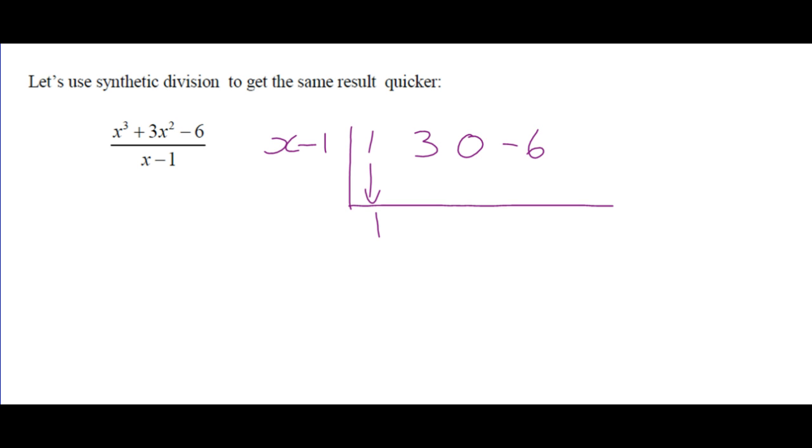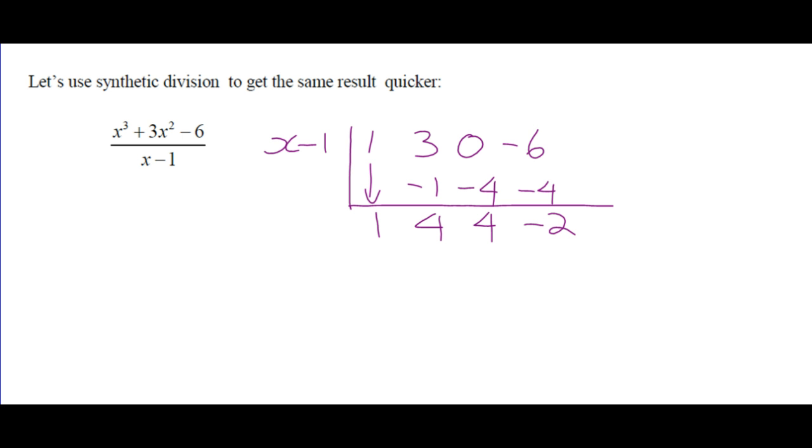And now, you go negative 1 times 1 is negative 1, and 3 minus negative 1 is 4, and negative 1 times 4 is negative 4, and 0 minus negative 4 is 4, and negative 1 times 4 is negative 4, and negative 6 minus negative 4 is negative 2.